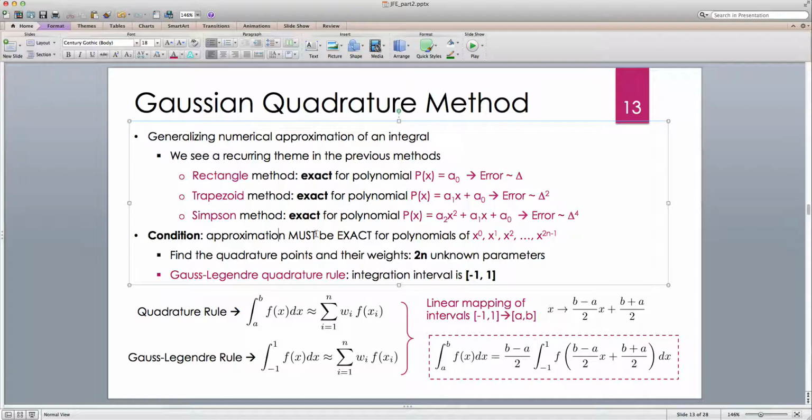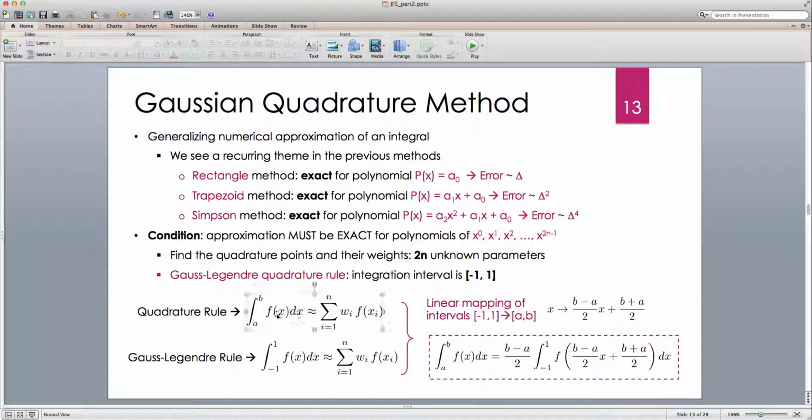What I want is to be able to write this integral of f of x dx from a to b as a summation, if I have n partitions, i from 1 to n or 0 to n or 0 to n minus 1, of the values of the function at some points times some weight coefficients, which are called Gaussian Quadrature weights, and the xi's are Gaussian Quadrature points. All right.